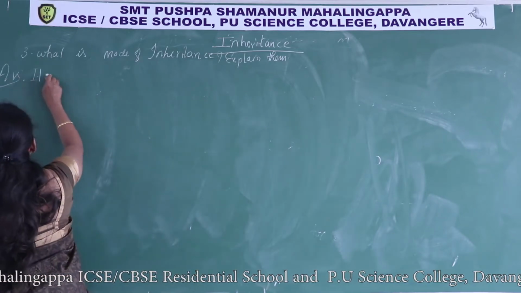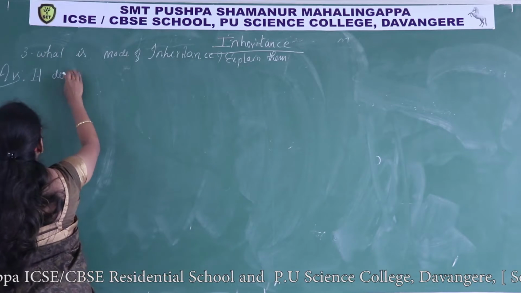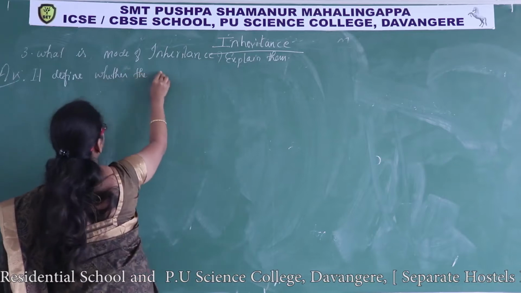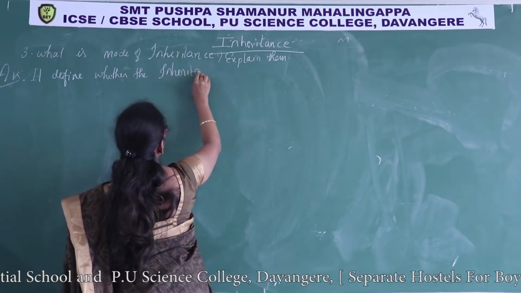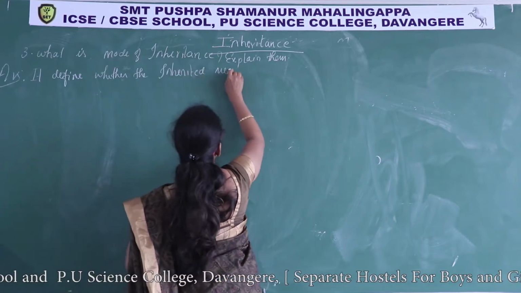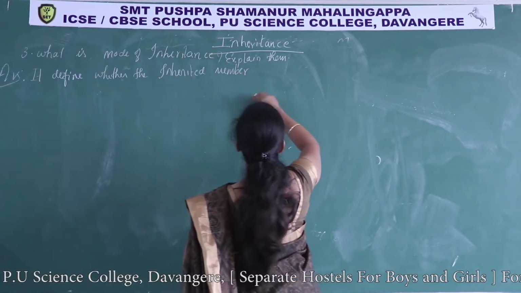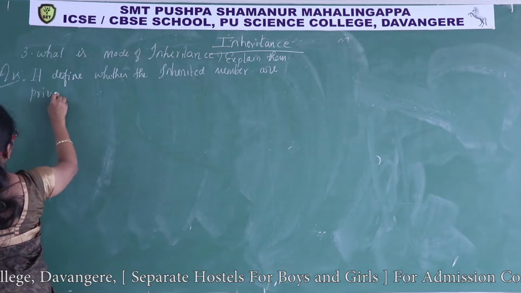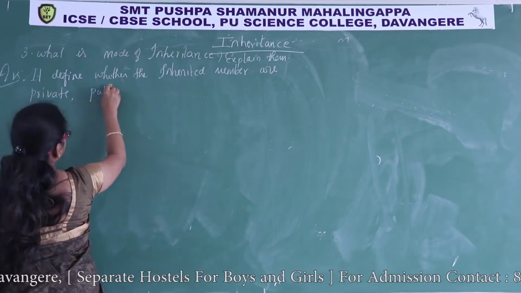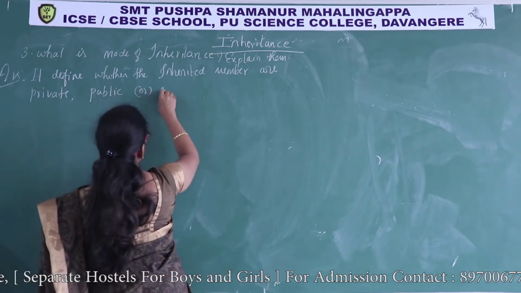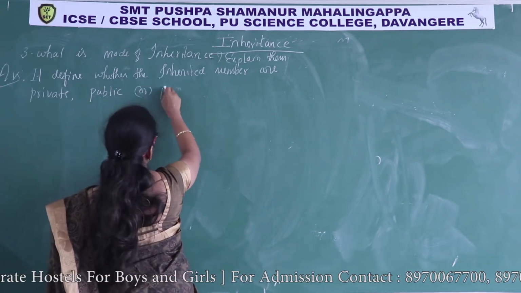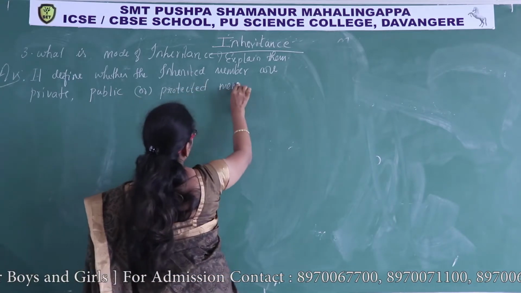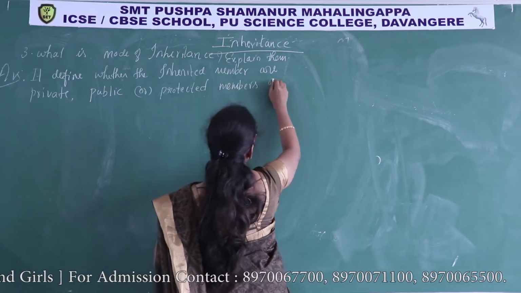It defines whether the inherited members are private, public, or protected members of the derived class.